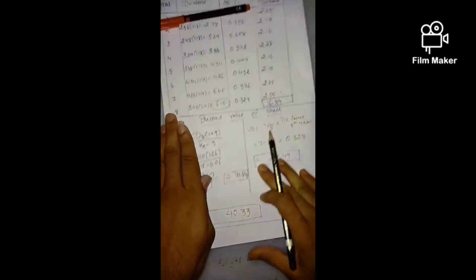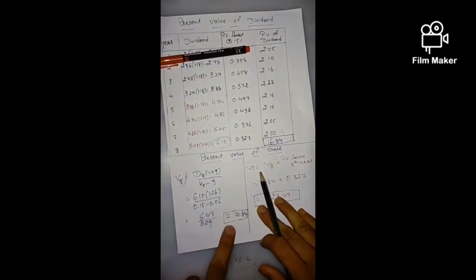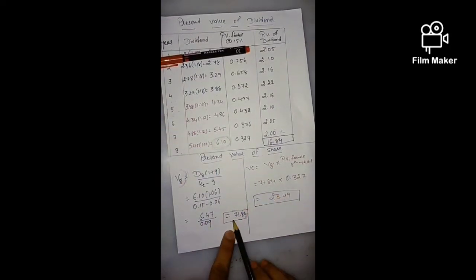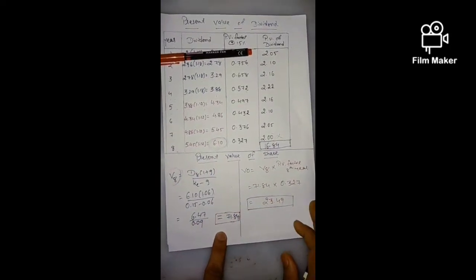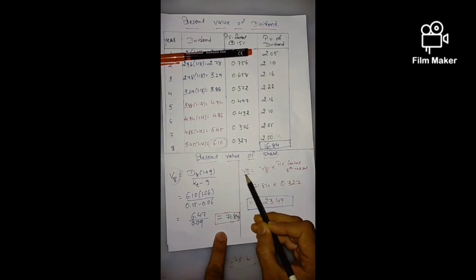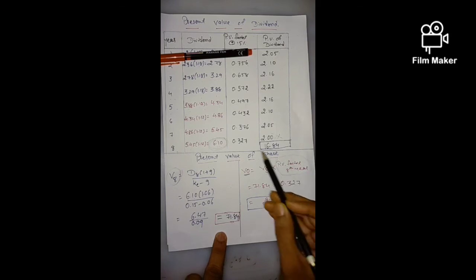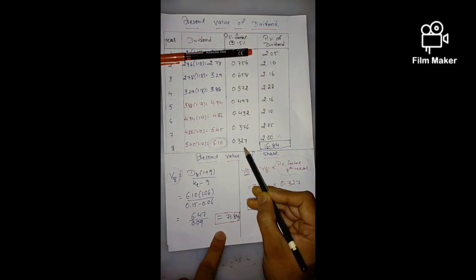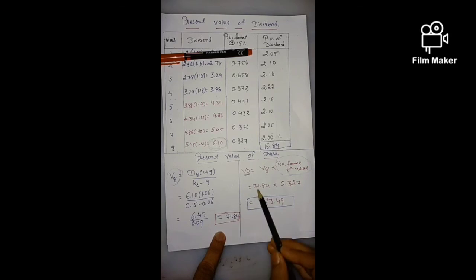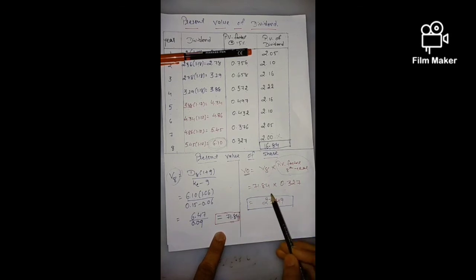We are 8 years away, and the value of share is also 8 years away. Now we need to find the value of share today. So the value of share of the 8th year is multiplied by the 8th year present value factor, which is already available, 0.327. So 71.84 multiplied by the 8th year present value factor comes to 23.49.